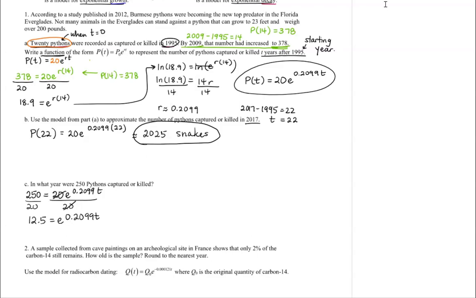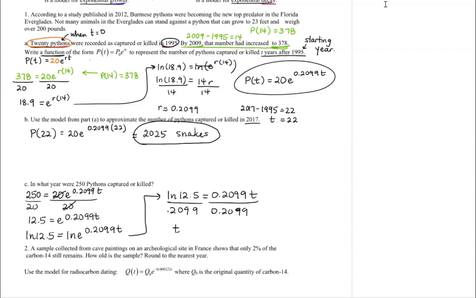Then we take the natural log on both sides, which cancels out the e and leaves us with whatever was in the exponent. To finish solving for t, we divide both sides by the coefficient of t. This leaves us with t approximately 12. We take the year 1995 and add 12 years to it to get the year 2007.